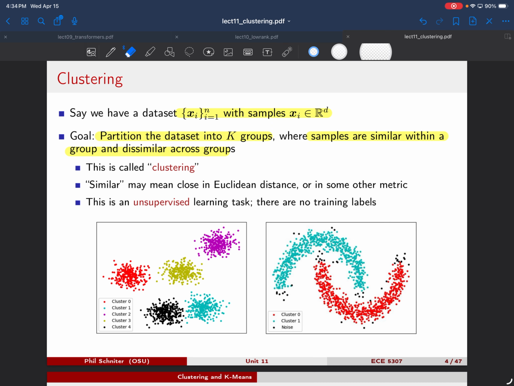So any clustering algorithm has an implicit or explicit notion of what it means to be similar for the purpose of clustering, and there are different trade-offs as to how they work. We're going to talk about a few of the more famous ones in more detail. So this is an unsupervised task called clustering. That's the high level. Any questions?